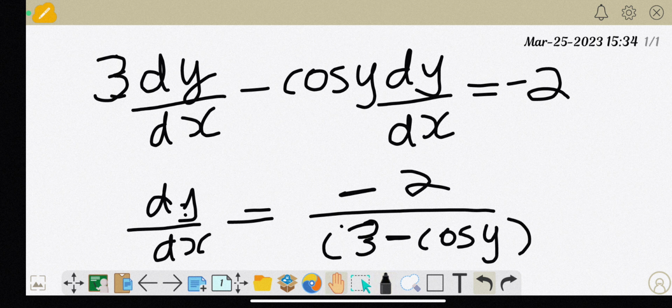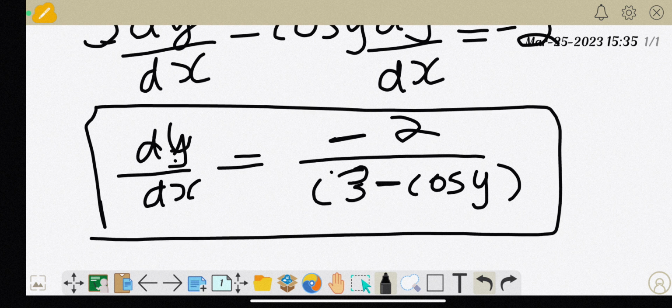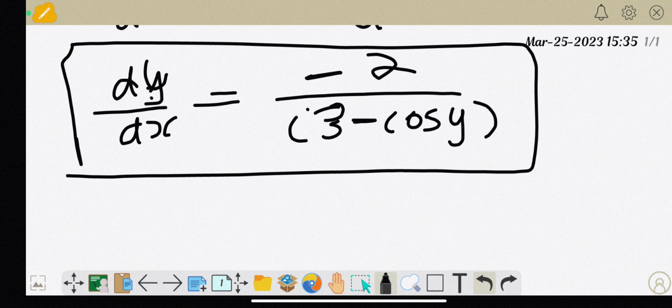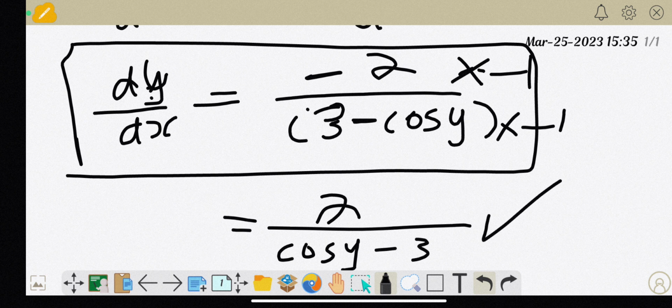So is this answer correct? Yes, minus 2, it's correct. In the textbook, what they have done is multiplied numerator and denominator by minus 1. In that case you will get your answer as 2 by cos y minus 3. That's the answer given in the textbook. Okay, so the answer is correct.